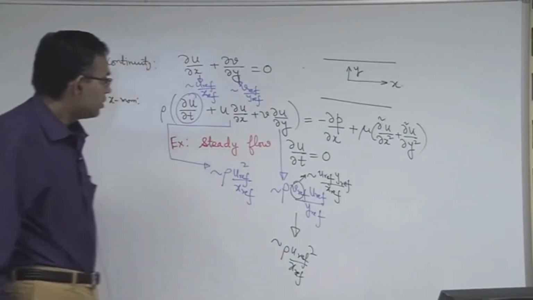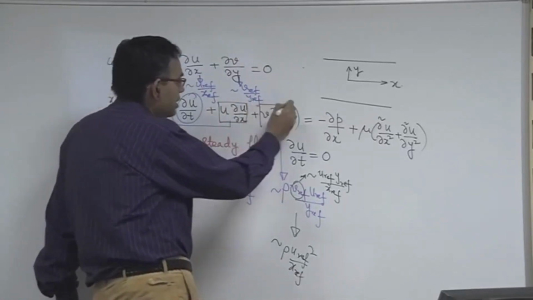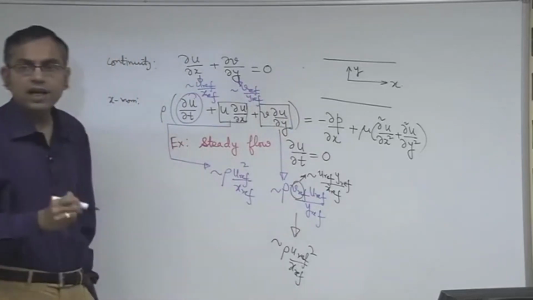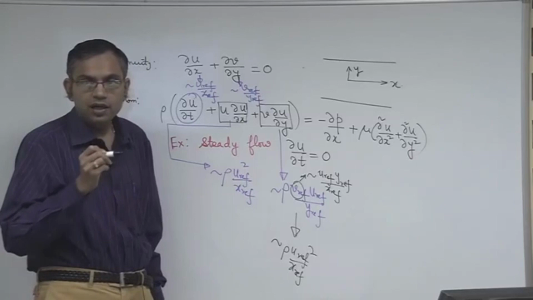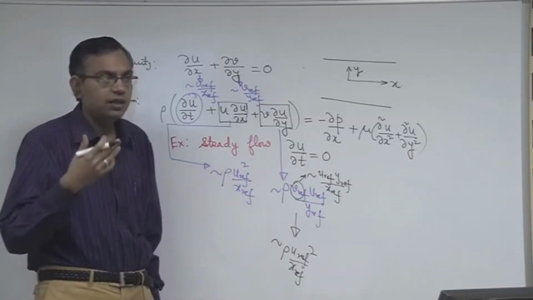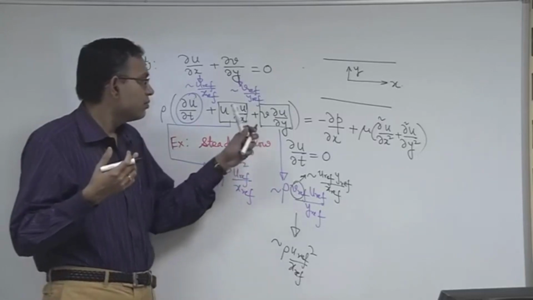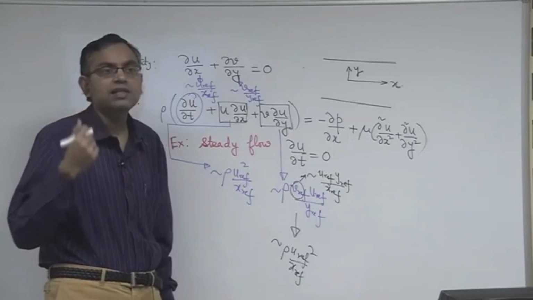So, if this term is important, this term is also equally important unless v is identically 0, and this is something which is not very intuitive, because intuition says that v is much less than u if y reference is much less than x reference.